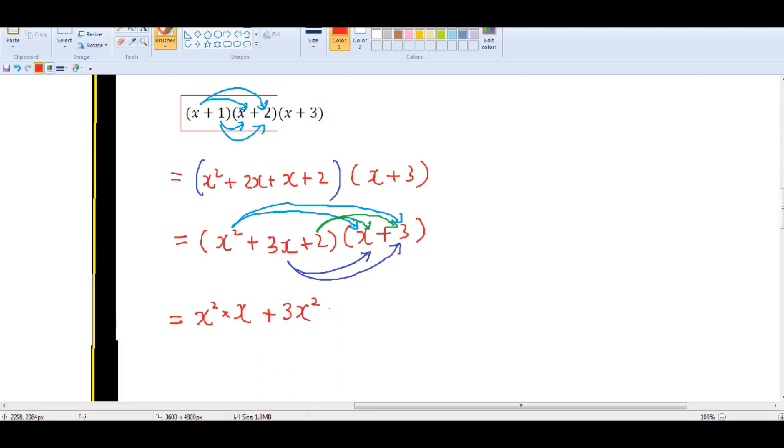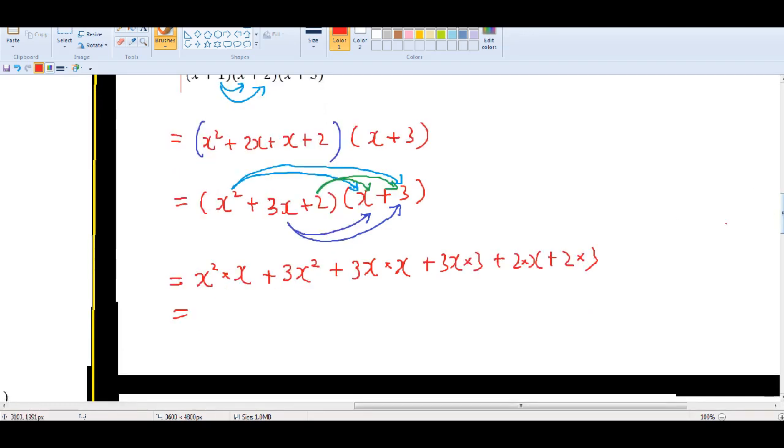And the second term, 3x times x, 3x times 3, and 2 times x, 2 times 3. So you've got all of them.